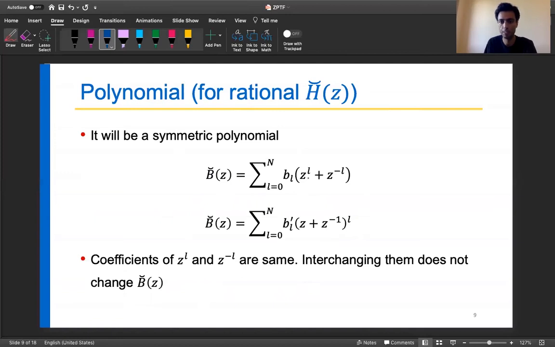Let us say it's a polynomial of degree capital N, then the terms will be z to the power 1 plus z to the power minus 1 plus some coefficient times z to the power 2 plus z to the power minus 2, of this form, right? Both these representations are valid. In this representation you have z plus z inverse to the power L, where L goes from 0 to capital N, right? And the other thing is that interchanging z and z inverse does not make any change. This is a symmetric polynomial. Okay.